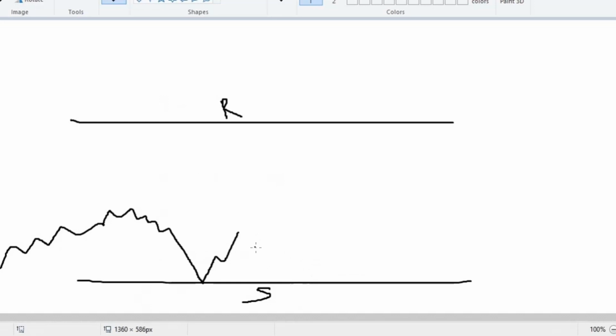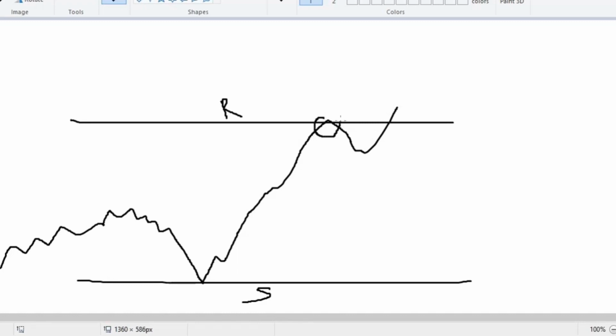Let's say the market goes up and takes resistance over here, as we saw in the previous example. The sellers are going to sell the market over here in anticipation that the market will come down. But what happens if the bulls are very strong and the market goes up again?